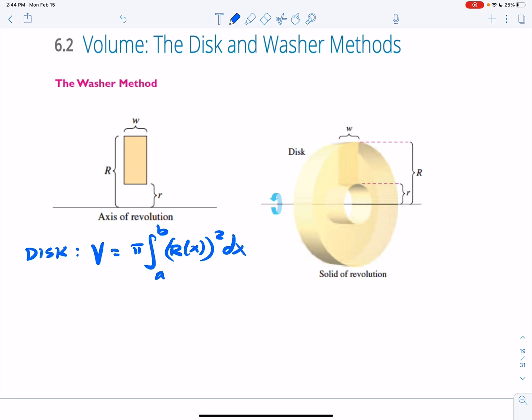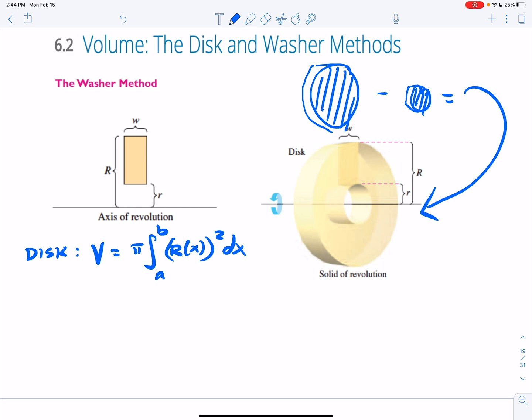So the only thing that makes sense is, let's pretend that we have a solid disk, and let's take out that tiny little solid disk, and then we'll eventually get this picture. So if I calculate the volume of the whole disk and I subtract out that tiny little disk, I should get my washer.